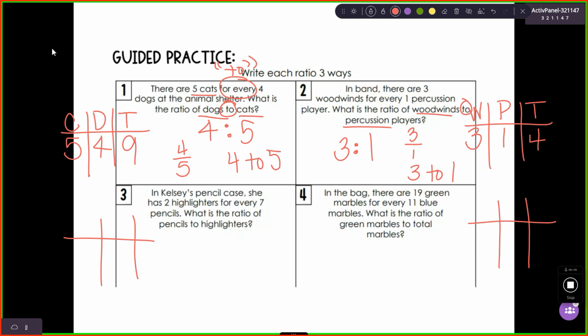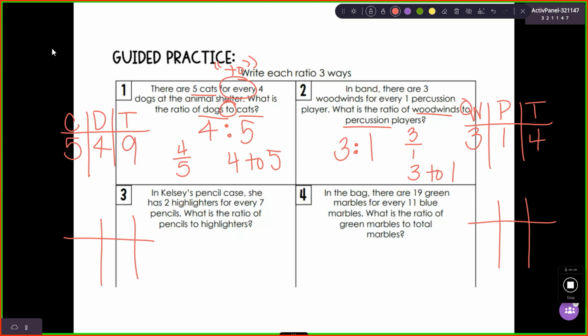As a fraction. And with the word to. I did that with the word to because we're actually talking about the word to, not the number two. We're talking about TO. Get it? Got it? All right.